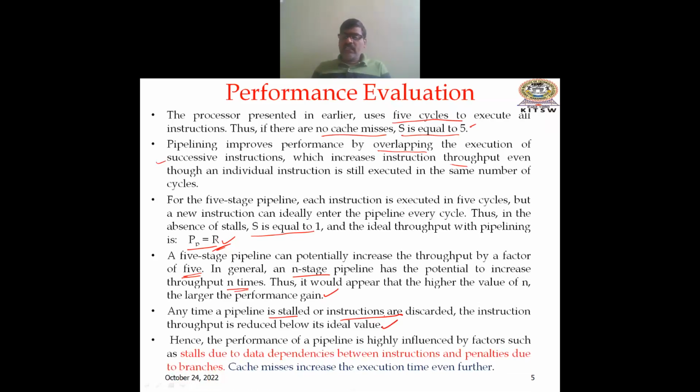Hence, the performance of a pipeline is highly influenced by factors such as stalls due to data dependencies between instructions and penalties due to branches. Cache misses increase the execution time even further. These are the factors which influence the performance of the pipeline.